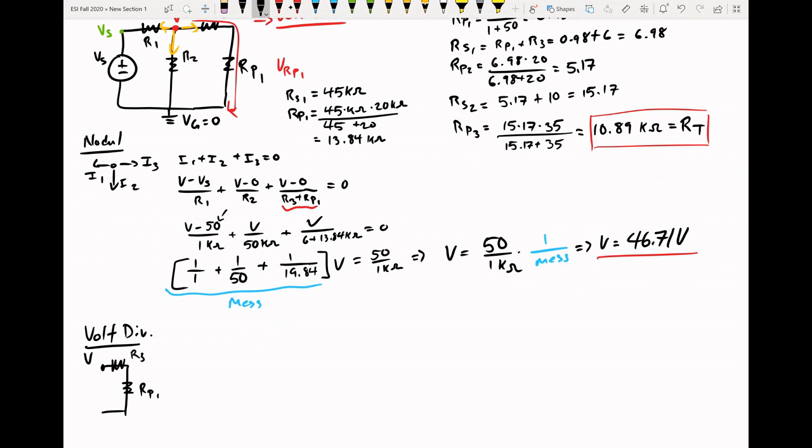So if I want to find V of R parallel 1, that would be our parallel 1 value over our equivalent times the voltage source, which would give us 13.84 over 19.84 times 46.71 volts, which would give us 32.58 volts. Hang in there, folks.